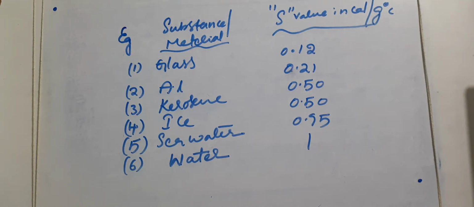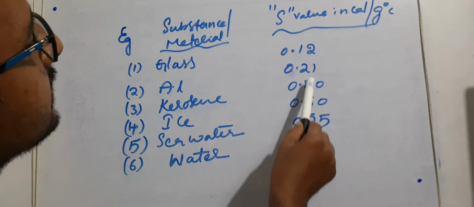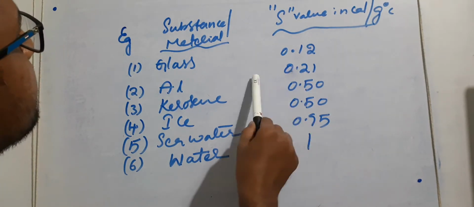Different materials have different specific heats. Generally non-metals have higher specific heat and metals have lower specific heat. If you compare, this is a non-metal and this is a metal, so it has a lower specific heat.